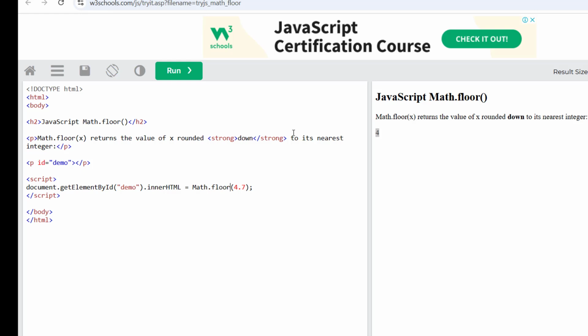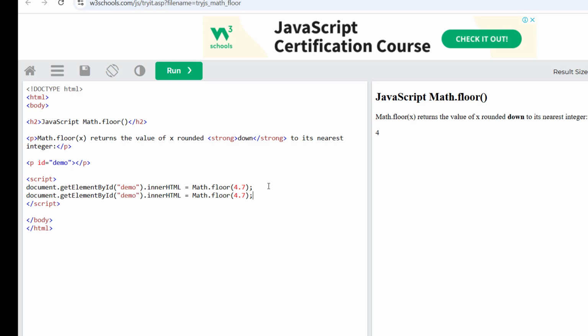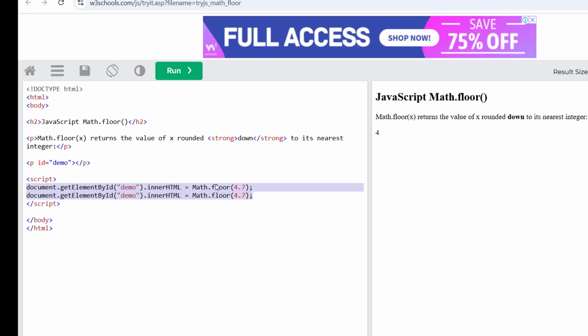I'm showing you in a different way. Oh, sorry, I'm giving both Math.floor.